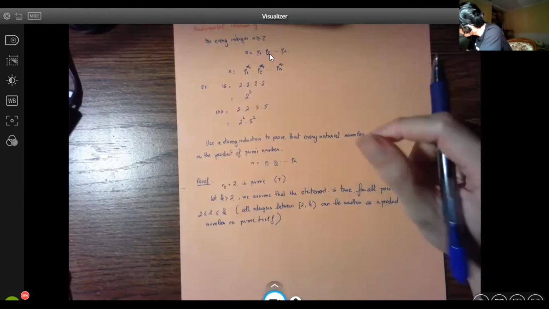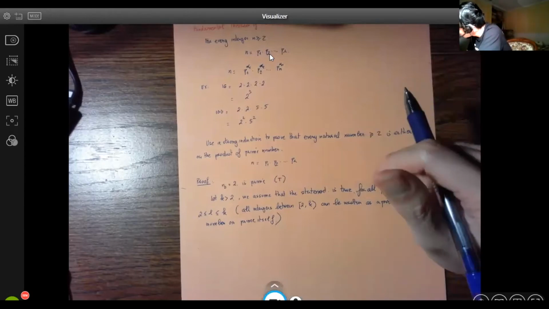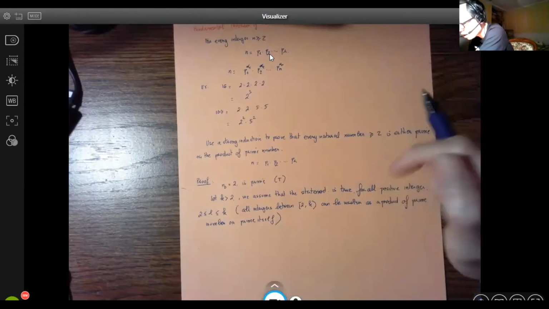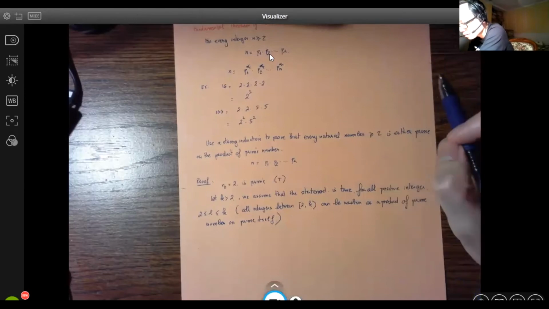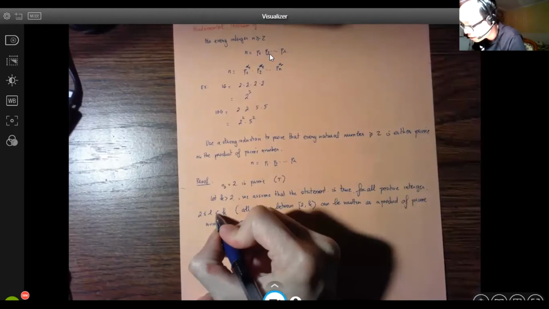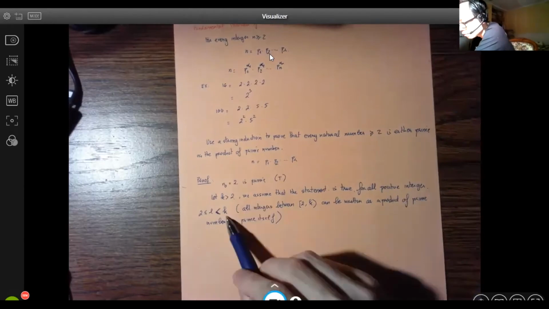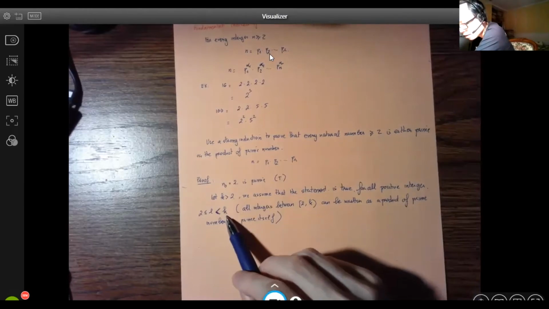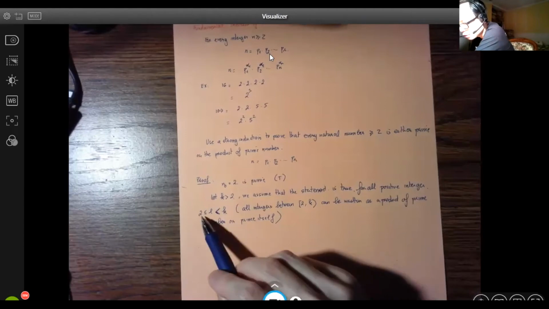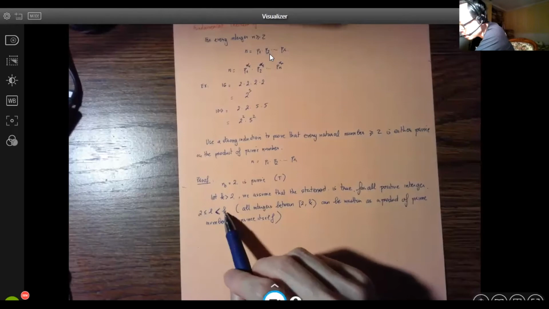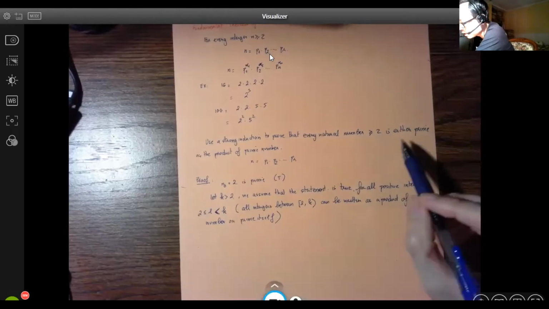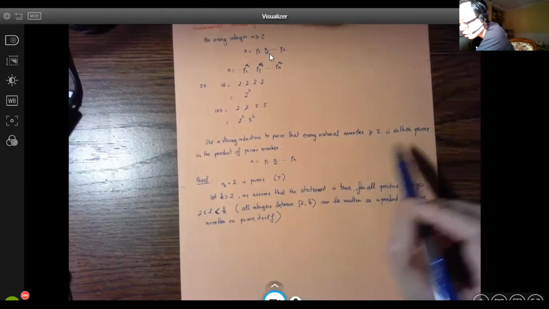Then what is the next step? Our next step is we need to show that this is also true for k. We assume that between 2 and k, not including k, every number can be written as a prime or a product of primes.